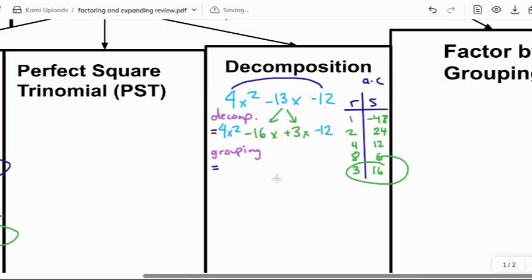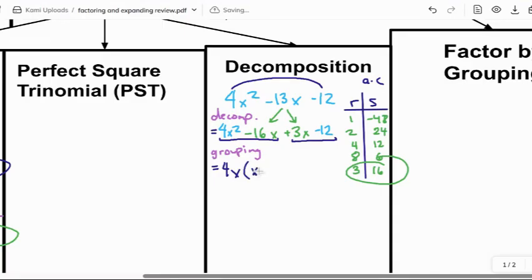Who cares what it's called, as long as you understand that it could be called grouping or decomposition. Here, we group the first two terms, we group the last two terms. We find their common factor. 4x squared and 16x: there's a 4x.